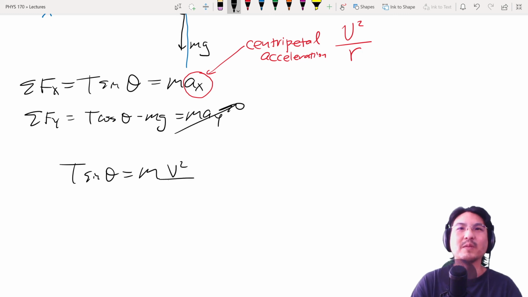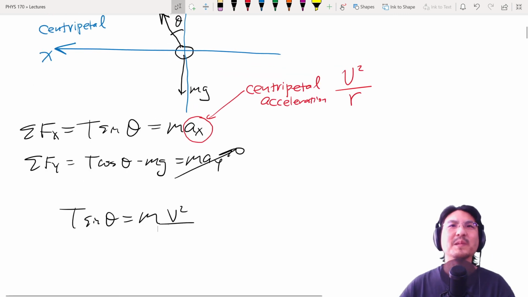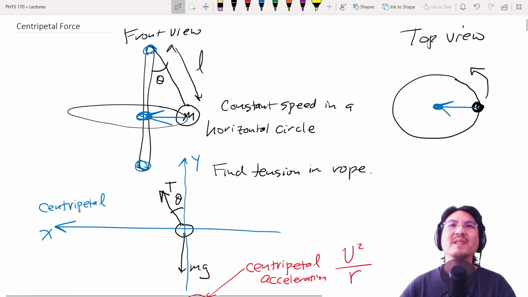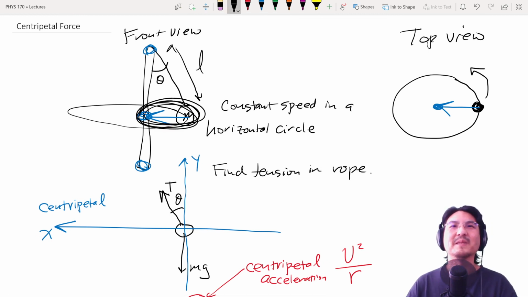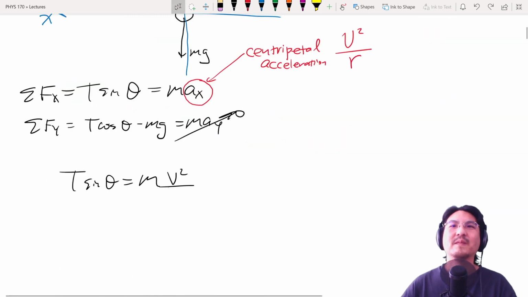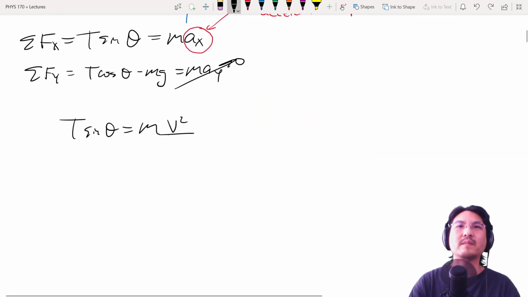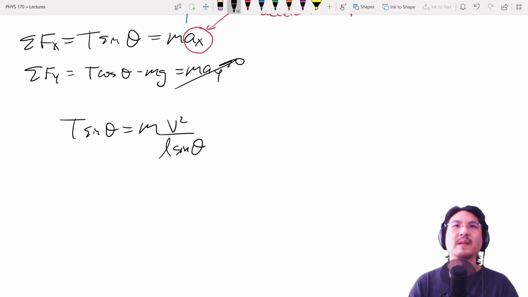V squared over R. In this example, what is R? Right here. Here to here, which is L sine theta. Okay, and then that other equation.